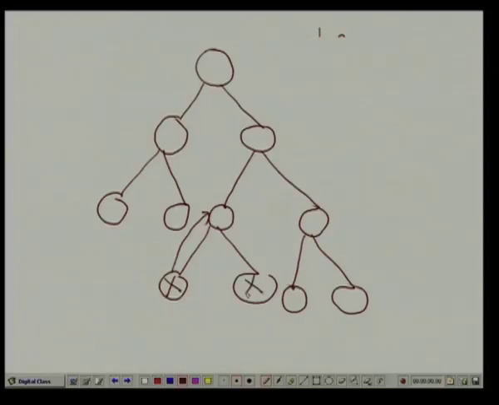Now, if I find a dead end also here, then I go up again here and I find that there is no further way of exploring here, then I go one level up and try to proceed this way. Now, this is called chronological backtracking.